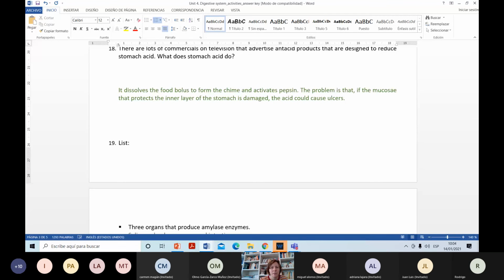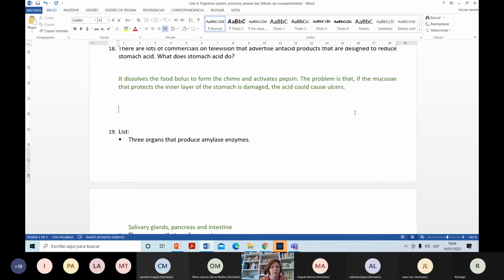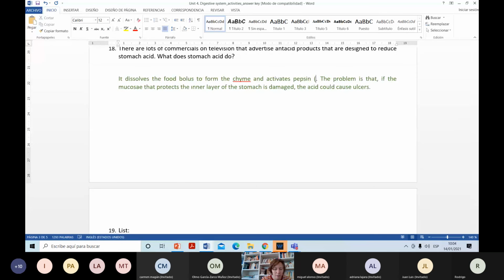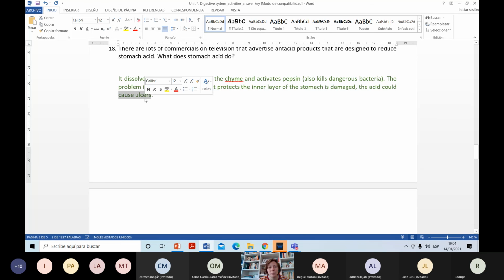It dissolves the food bolus to form the chyme, activates pepsin, and it also kills dangerous bacteria. The problem is that if the mucosa that protects the inner layer of the stomach is damaged, the acid could cause ulcers, but we'll talk about them the following class.